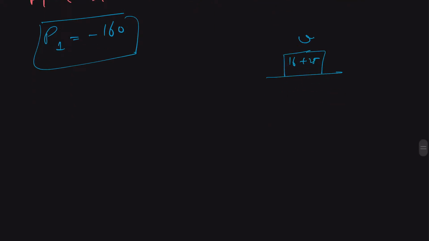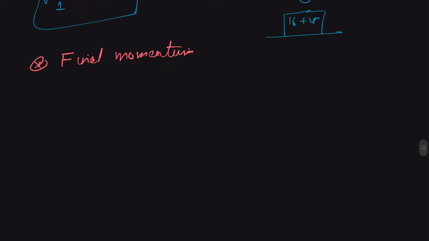Therefore we can say that our final momentum, P2, is equal to M1 plus M2 times V, which gives us 15 plus 25 times V, giving us 40 V.